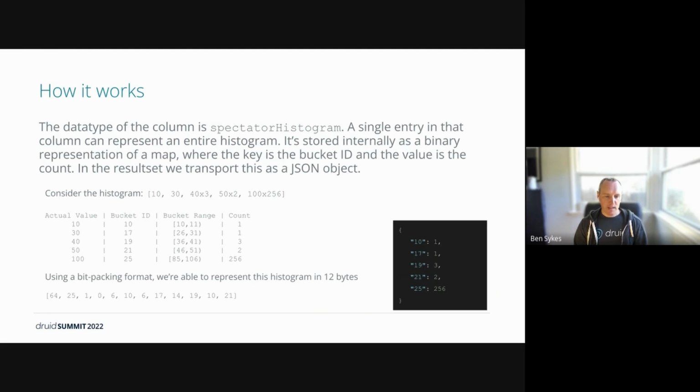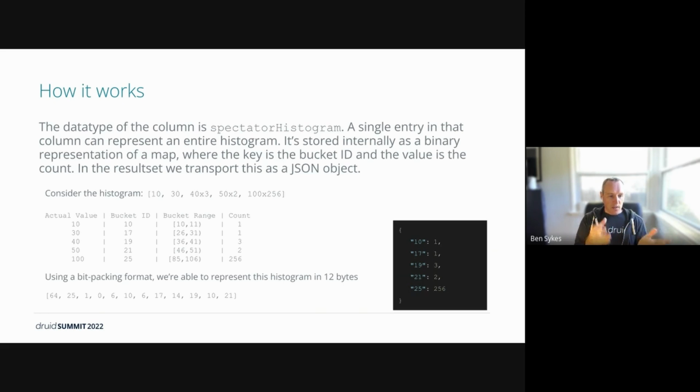So for this example here, where we have a few samples, we have a sample of measure 10, measure 30, 3 counts of 40, 2 counts of 50, and 256 counts of 100. This can be represented as the map in a JSON format on the right-hand side there. Value 10 falls into bucket ID 10 because we have individual buckets for these very small numbers.